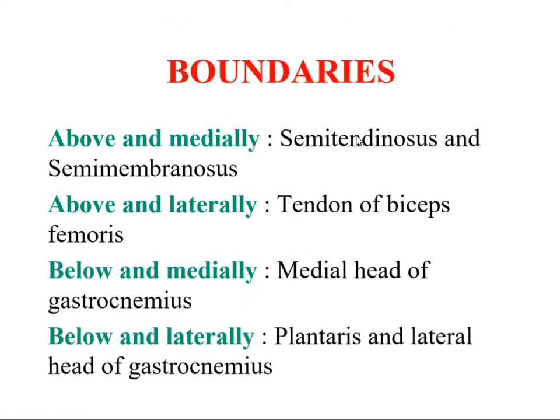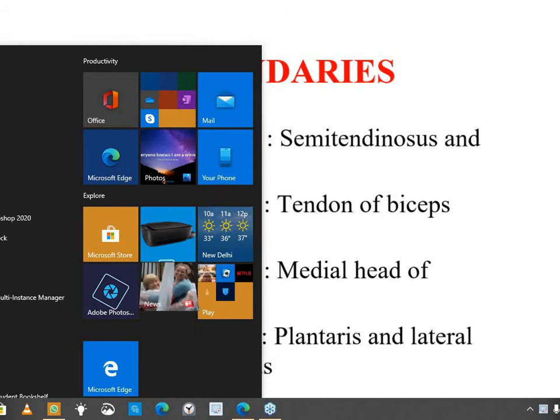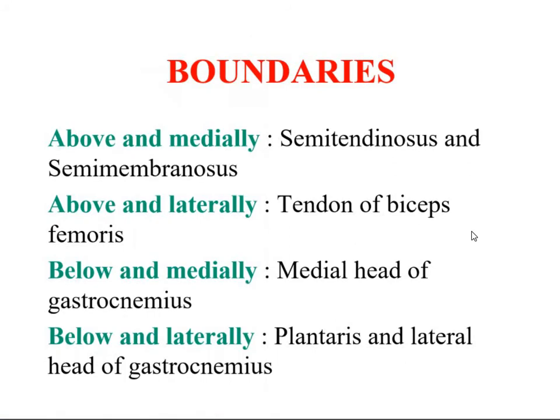Boundaries are very important. It is a commonly asked question in your enumerate questions and in your viva. It is equally important as your cubital fossa. For the cubital fossa, you all know we have the superior lateral, superior medial, inferior lateral, inferior medial boundaries, the floor, the roof, and the contents.